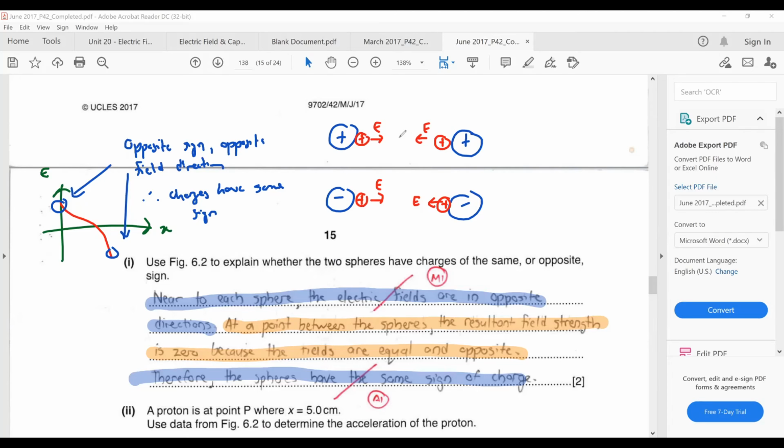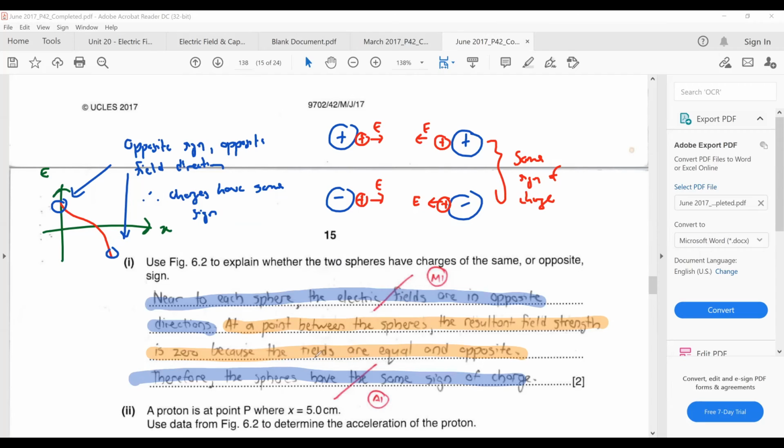Because the electric field strength is in the opposite direction, that can only come about if you have the same sign of charge. Alright? So that part is okay.